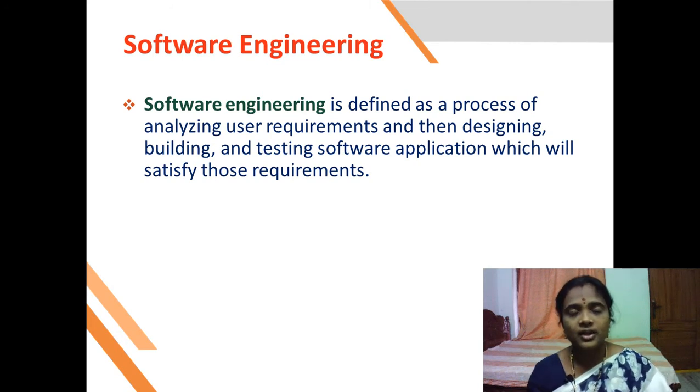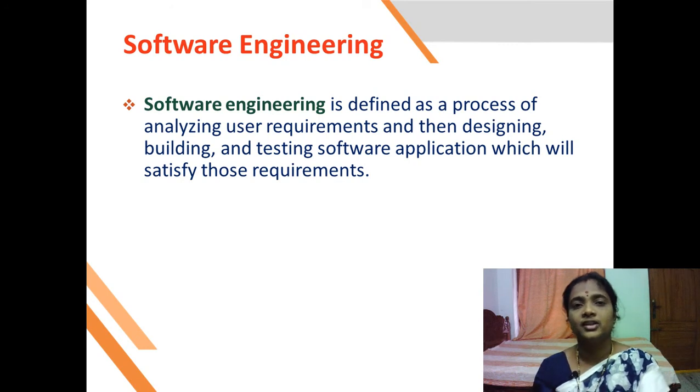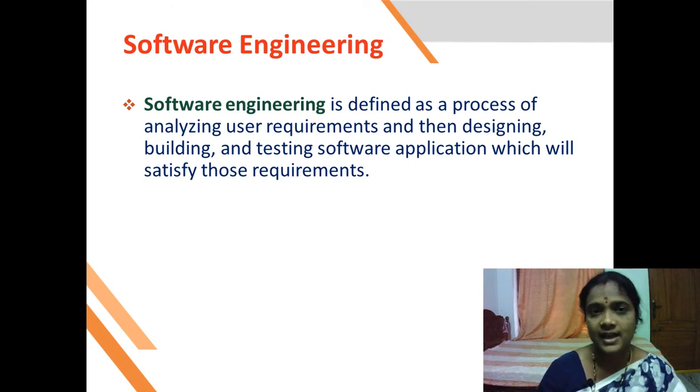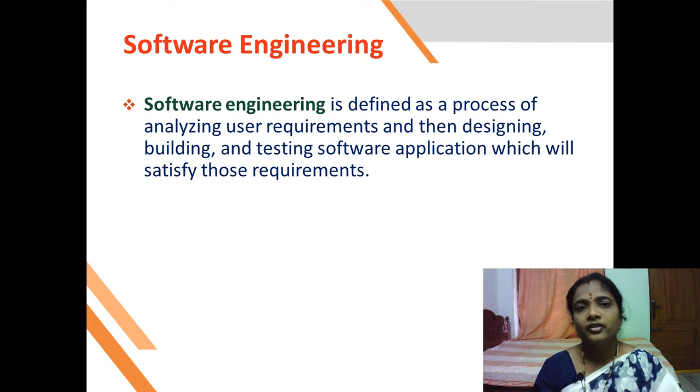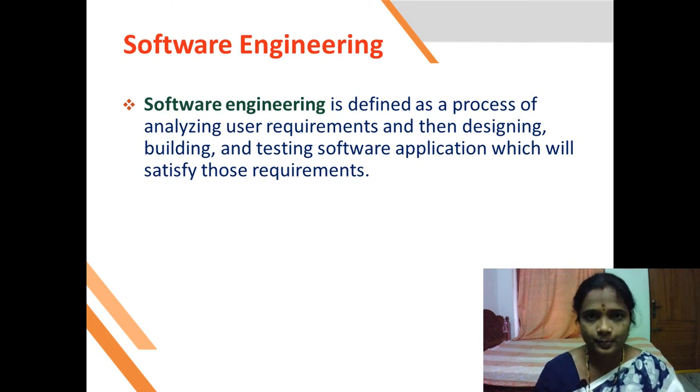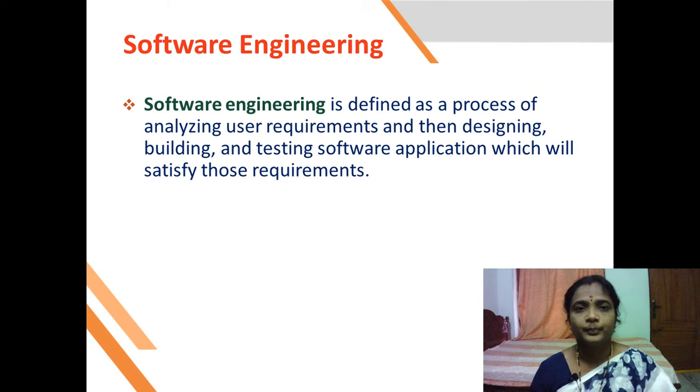After analyzing the requirements, by using those analyzed requirements, we will go for the designing phase. Here we will design the entire software project with those analyzed requirements. And after designing, we will go for building, that is, we will develop the programming code.